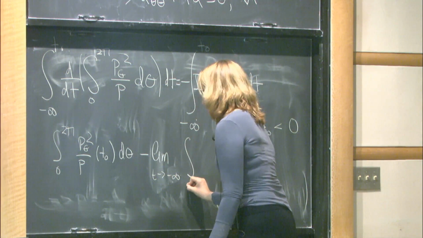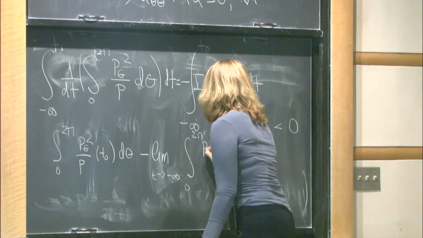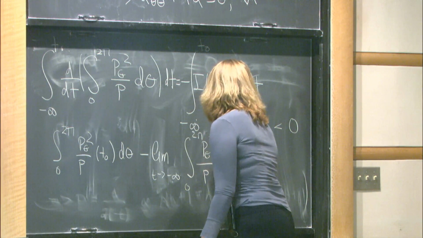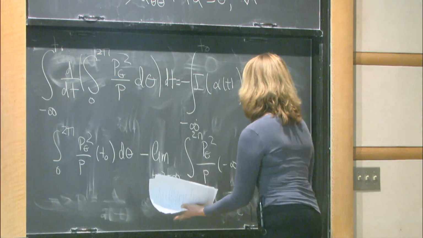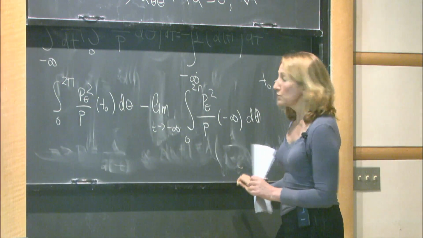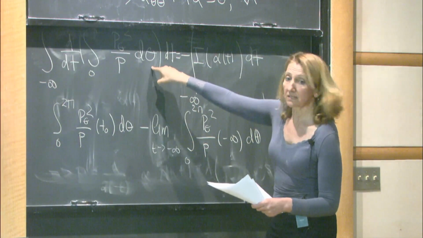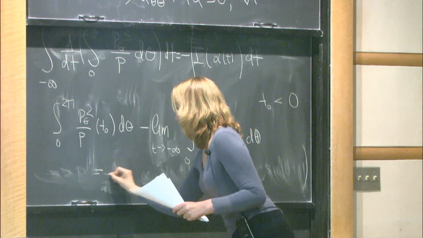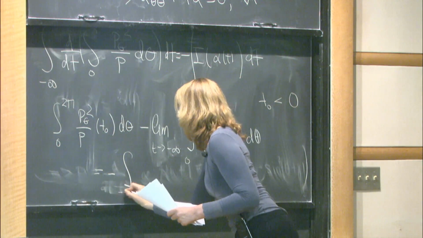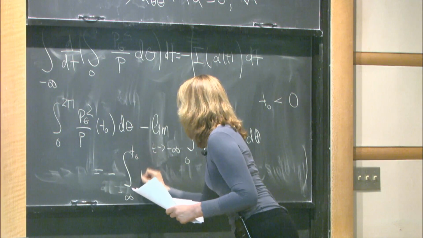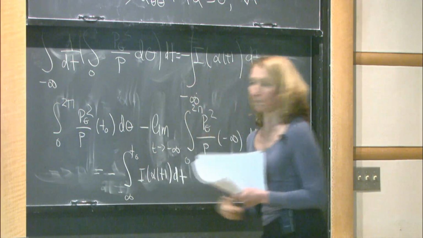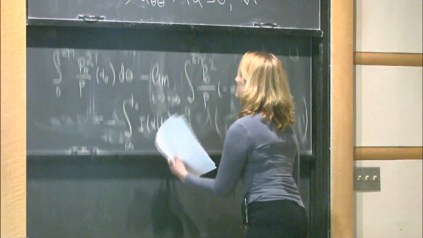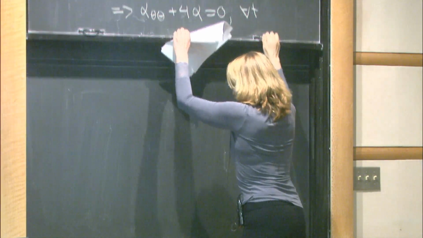The integral from 0 to 2 pi of p theta squared over p at minus infinity d theta. So this is the left-hand side, and the right-hand side is minus the integral from minus infinity to t naught of I of alpha of t dt. This comes from just integrating this inequality in t.